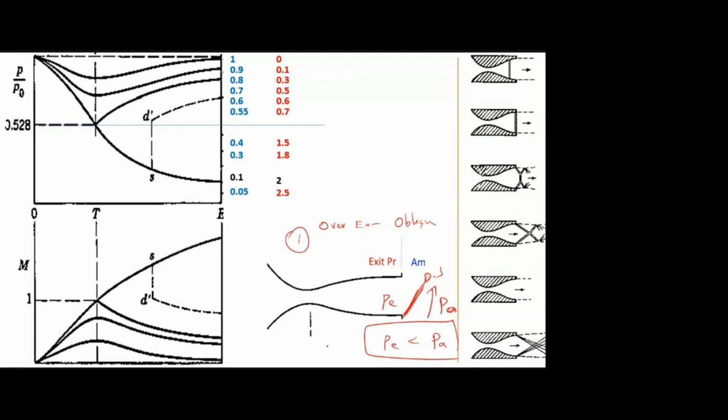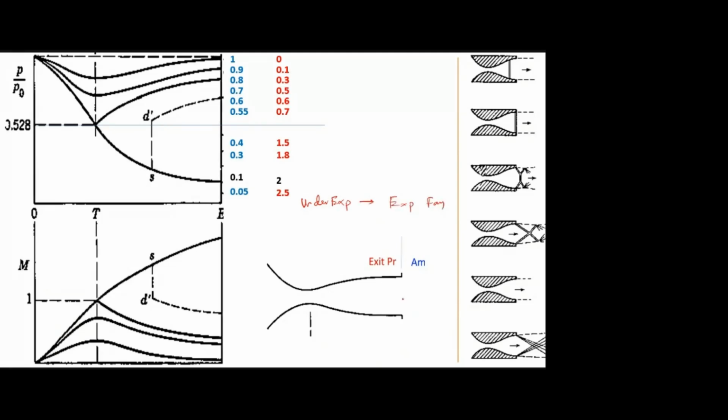Yes, sir. Then the same way we can go for under expansion. Under expansion means there will be an expansion fan. Here I have PE, here I have PA. Now can you relate them for under expansion? The purpose of the expansion fan is to accelerate the flow. If Mach number increases, definitely pressure will decrease.